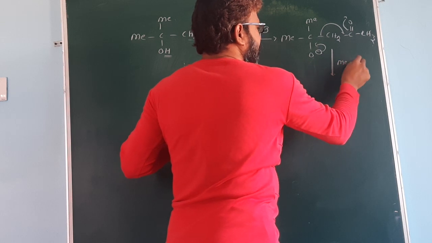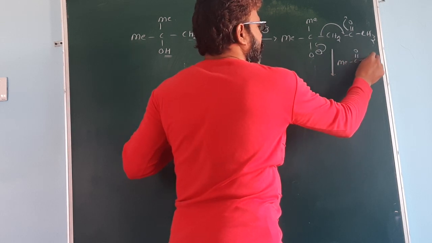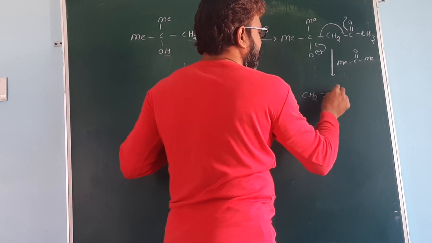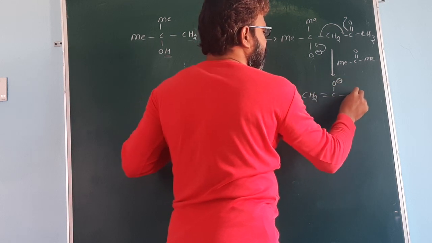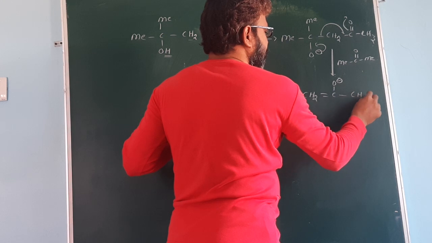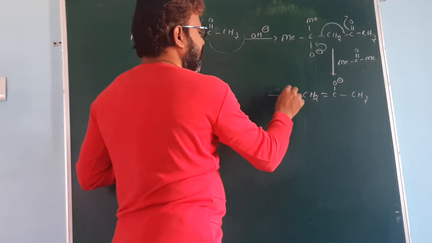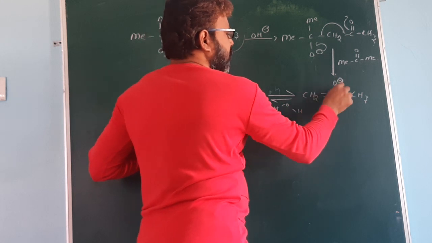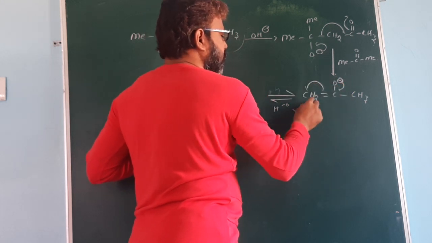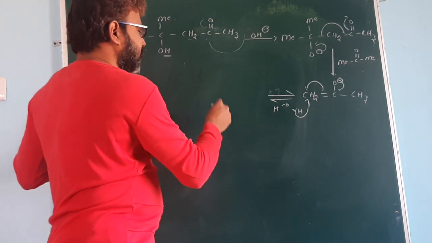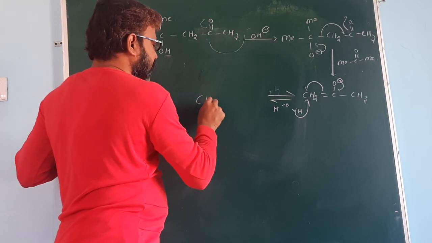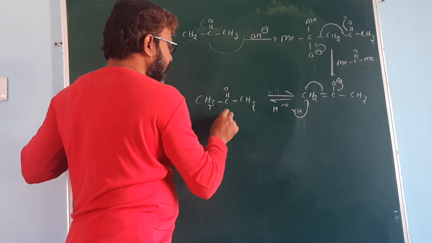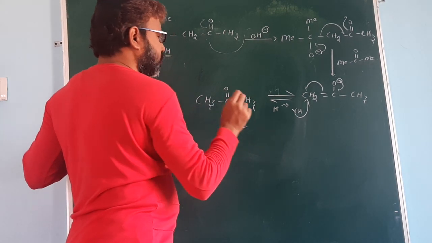We get Me C=O Me and CH2=C(O minus)CH3. Now this electron shifted to here, H plus attacks here, and we get CH3C=O CH3, 95% acetone.